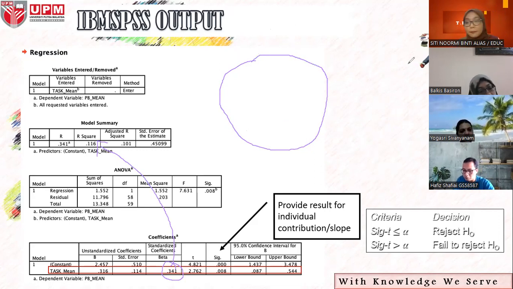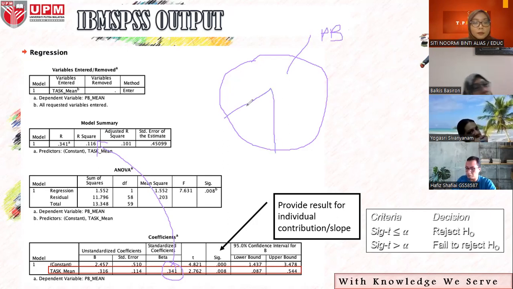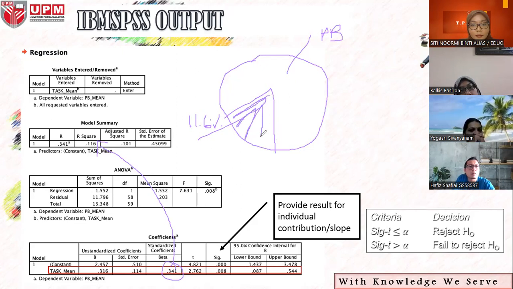Okay. For example, when we conduct a study on philanthropic behavior, after completing our study we figure out that, in overall, only 11.6% of variance in philanthropic behavior has been explained by task-oriented coping.